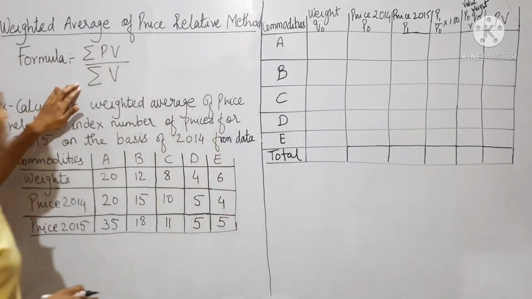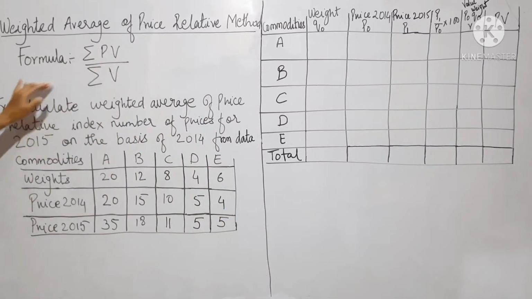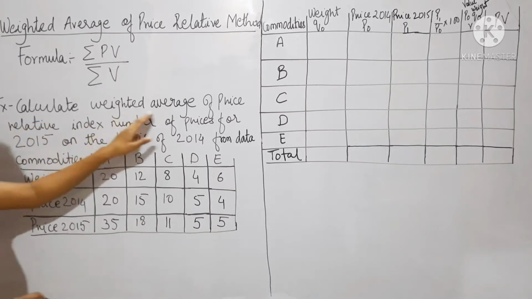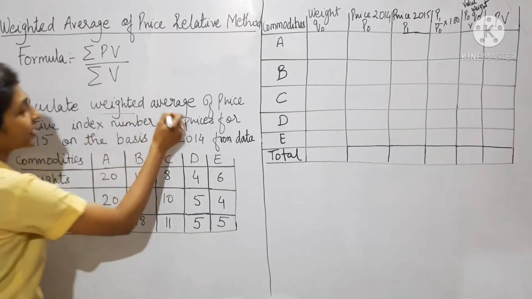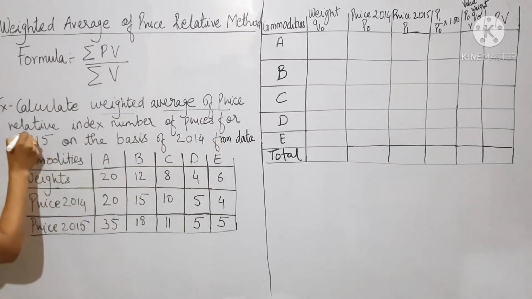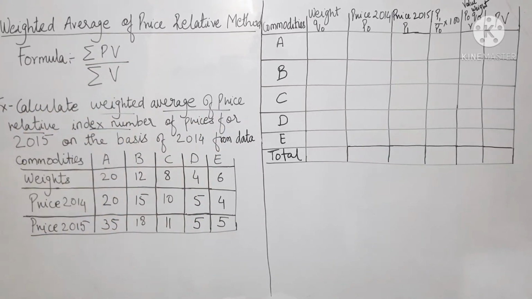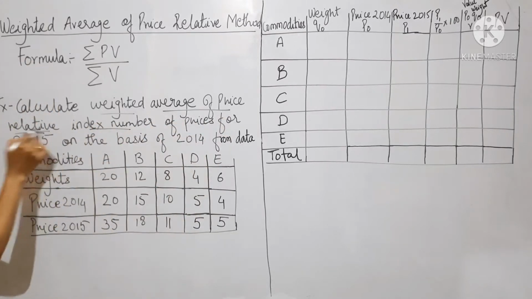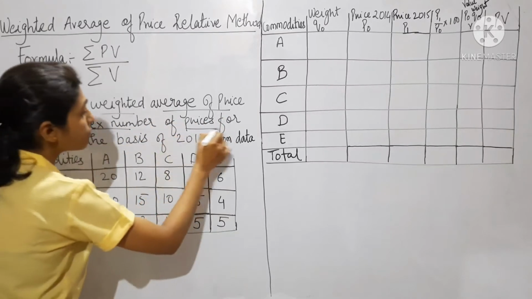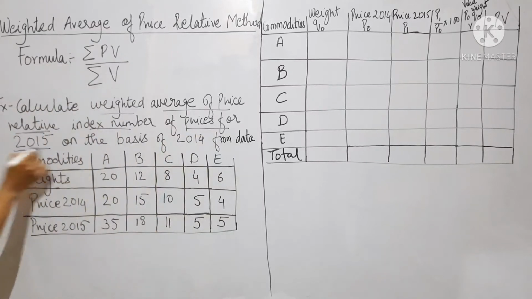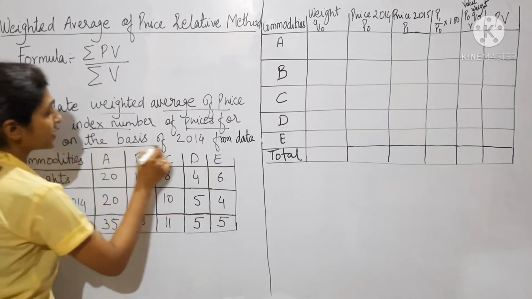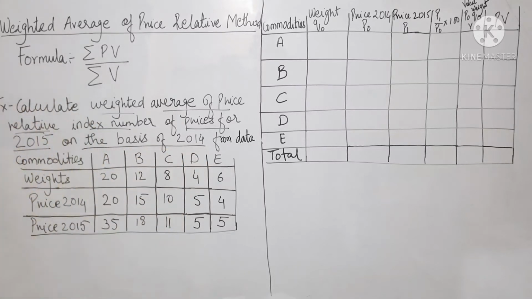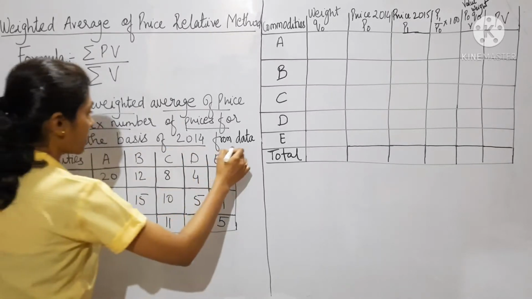Let's try to understand this method by taking one example. Calculate the weighted average of price relative index number of the prices for 2015 on the basis of 2014 from the following data.